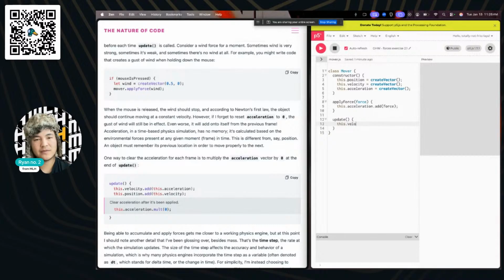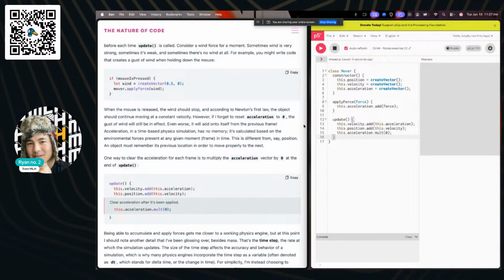Let me say this dot velocity dot add this dot acceleration, this dot position dot add this dot velocity, this dot acceleration dot mult is equal to 0. Okay, so now we've got an update function. We should also technically have a draw function pretty soon. I'm thinking these functions are kind of pulling up out of nowhere.